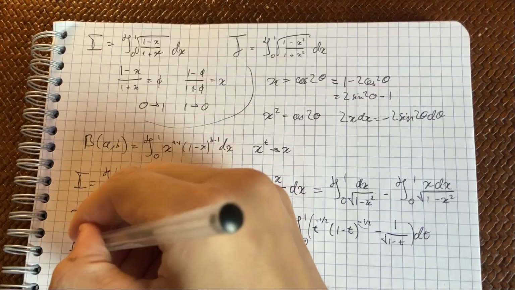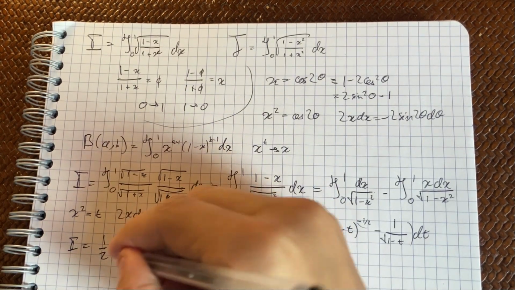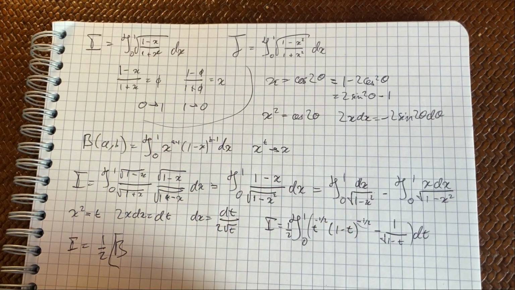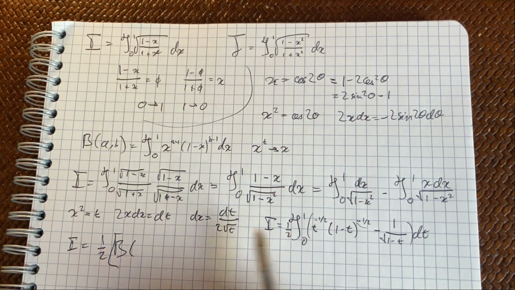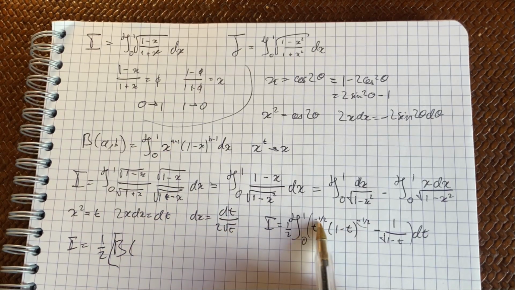So I equals 1/2 of beta. Here we mustn't miss this negative 1, so here the argument is positive 1/2, and here the argument is again positive 1/2.